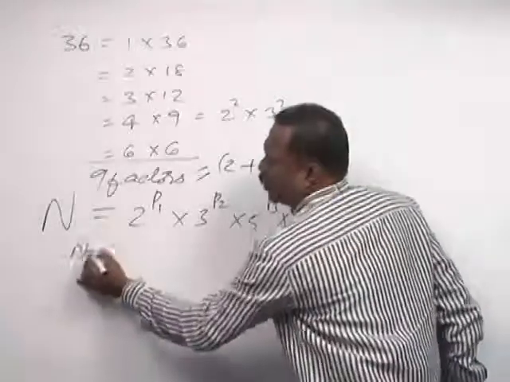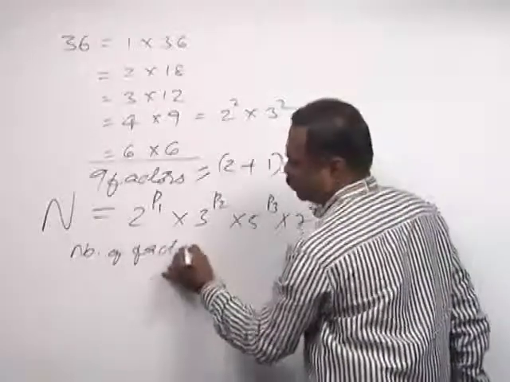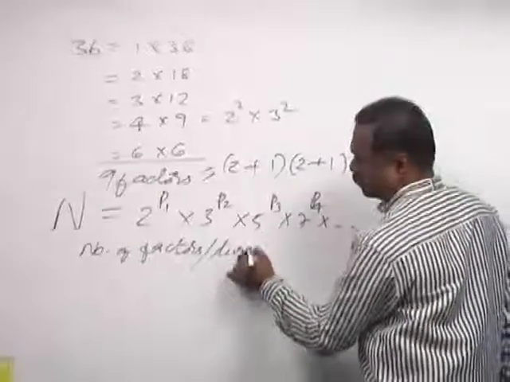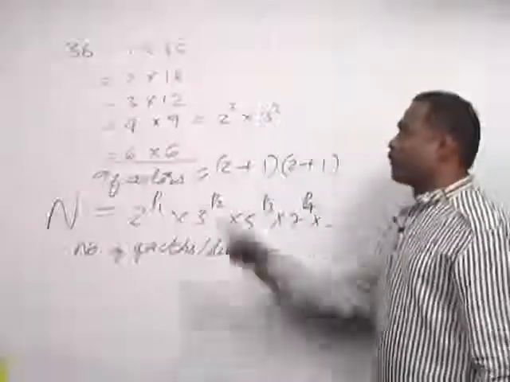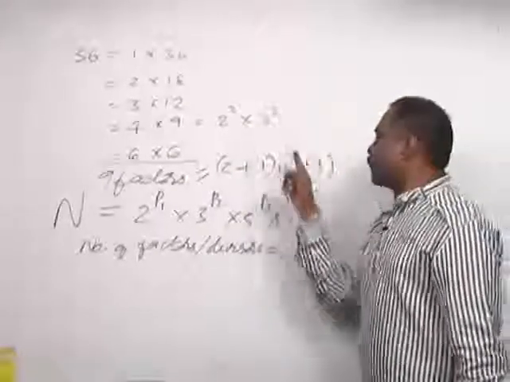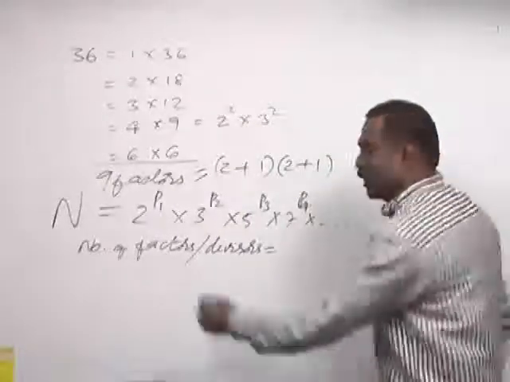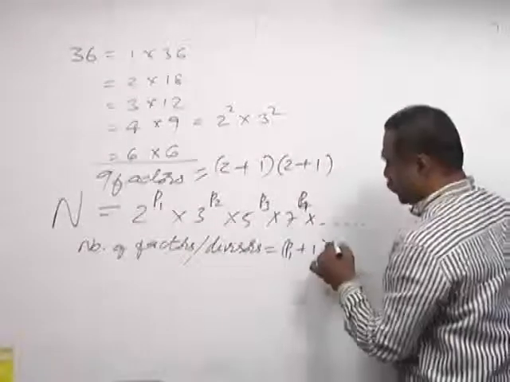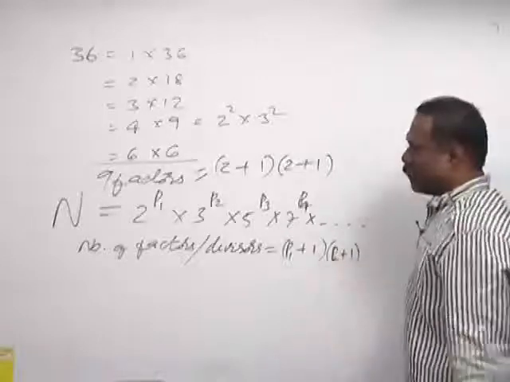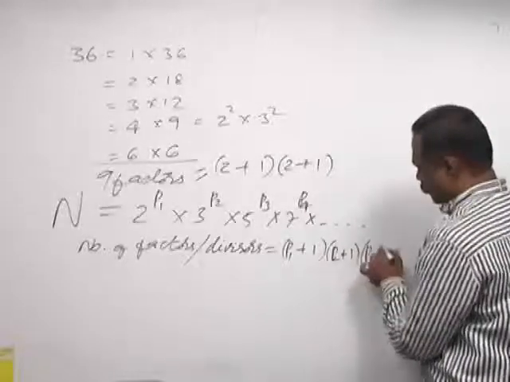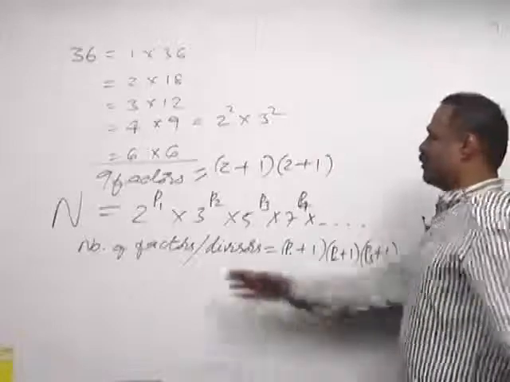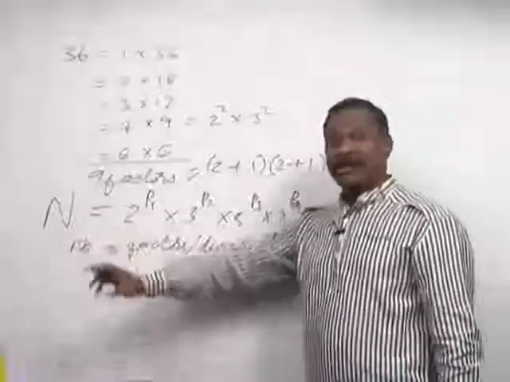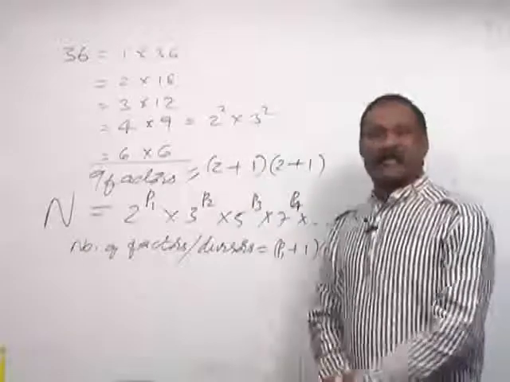Then the number of factors or divisors, both are same, is given by the power plus 1. So here, what is the power of 2? P1 plus 1 into P2 plus 1 into P3 plus 1 and so on. This will give you the number of factors or divisors of the given number N, like this.